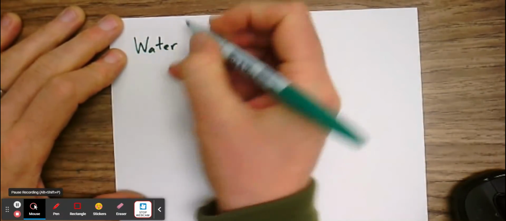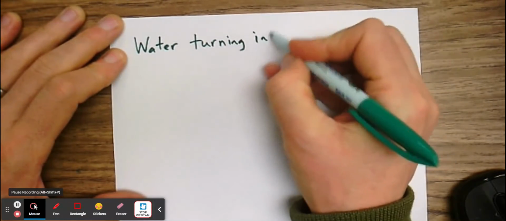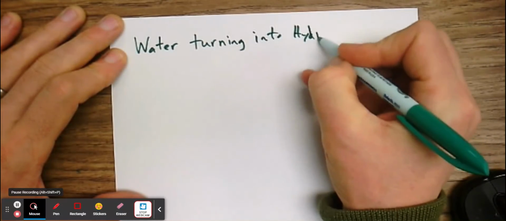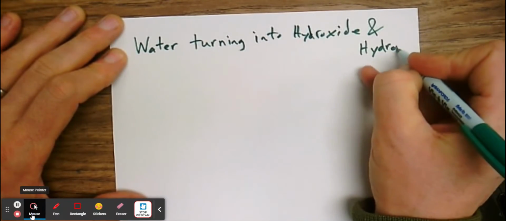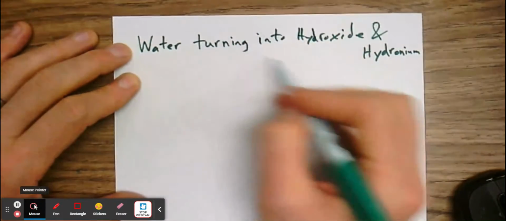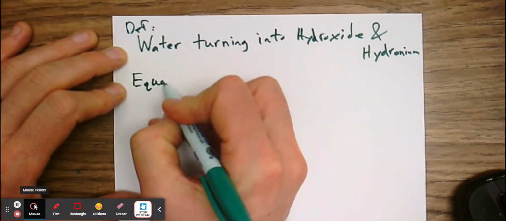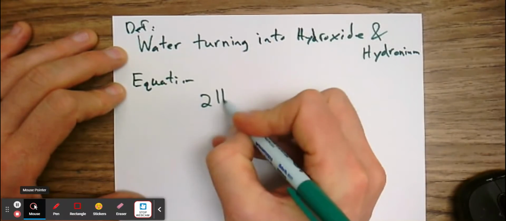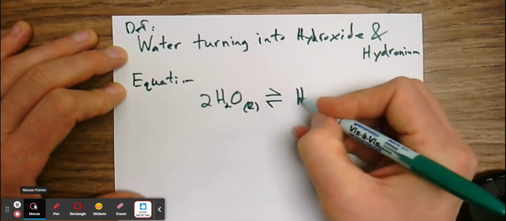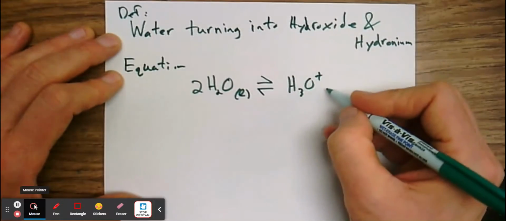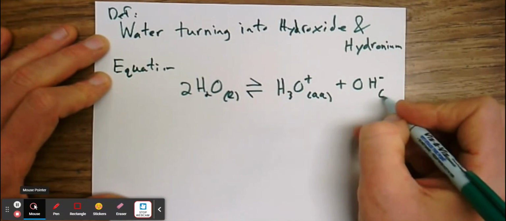So a definition is water into hydroxide and hydronium. That's my definition. The equation is 2H2O liquid makes H3O plus aqueous plus OH negative.